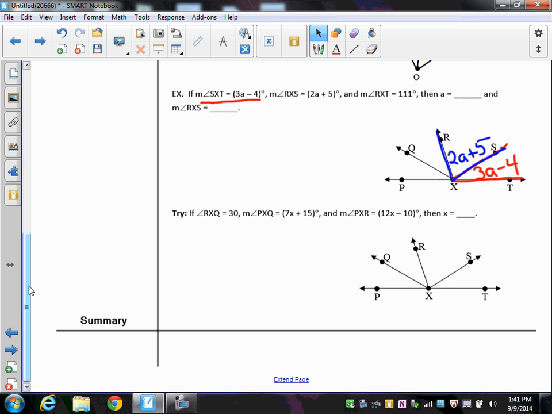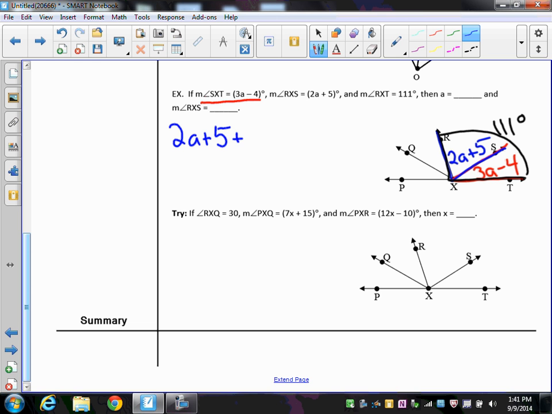And lastly, we're given this angle RXT. The whole thing is 111 degrees. So again, one part of the big angle plus the other part of the big angle is equal to the whole angle.